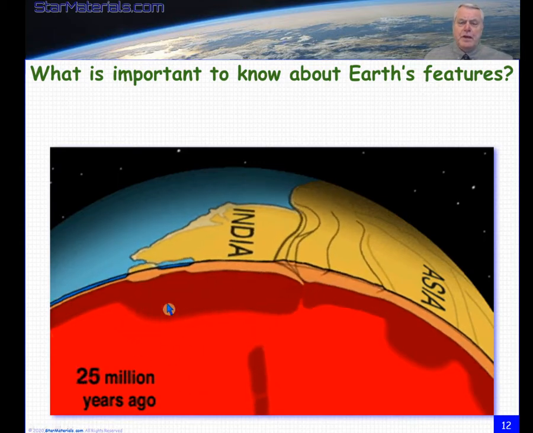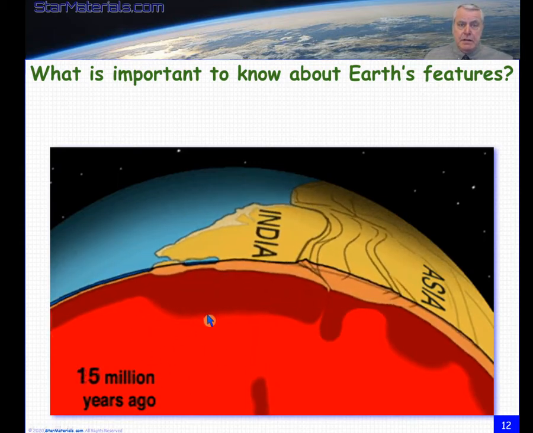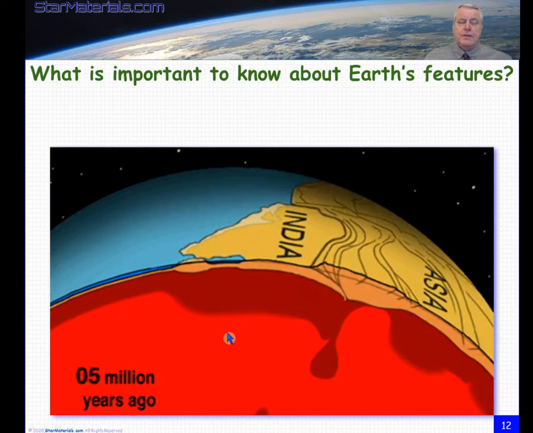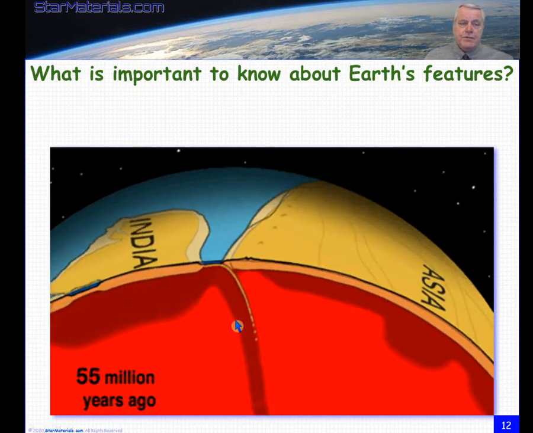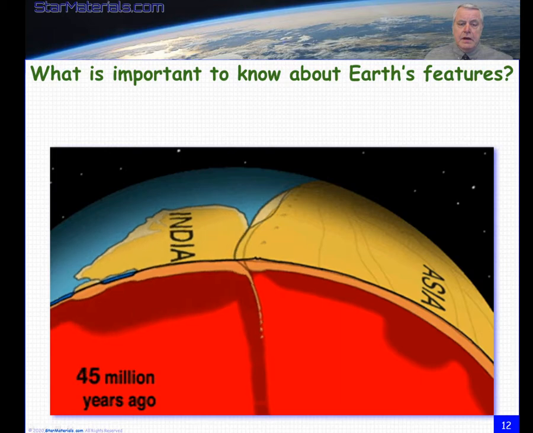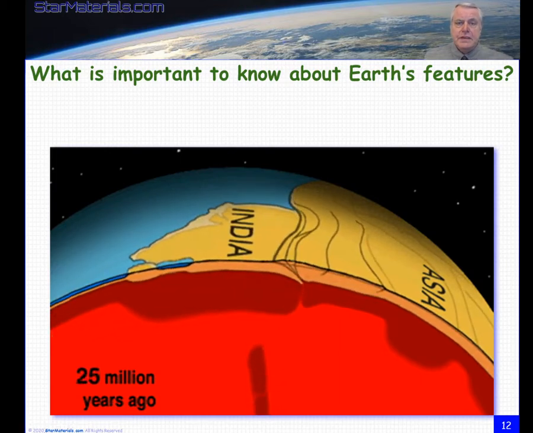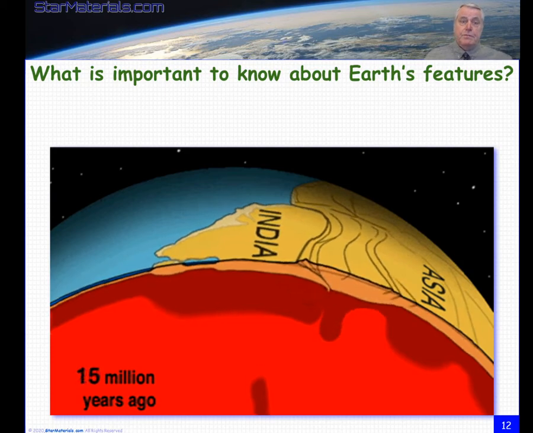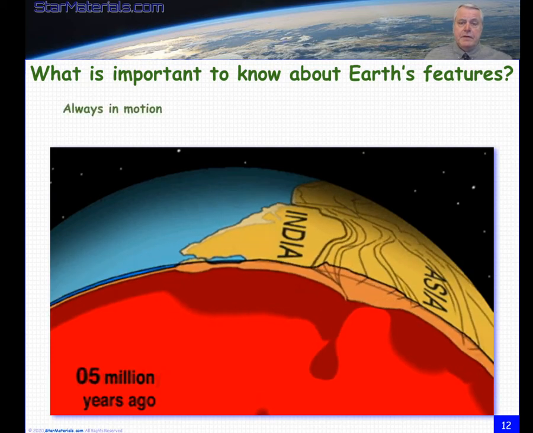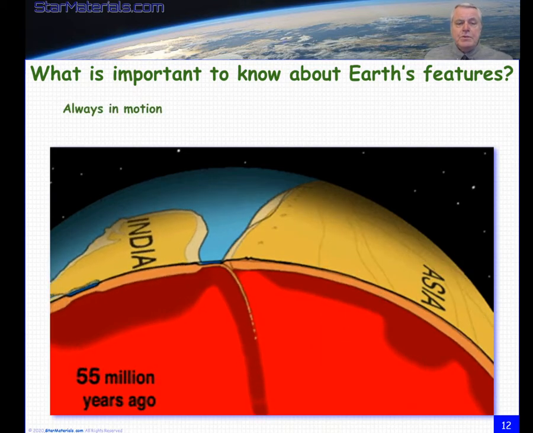It has to do with the magma, the molten center of the earth underneath the surface, which has different characteristics, which means it moves. But the earth is always in motion.